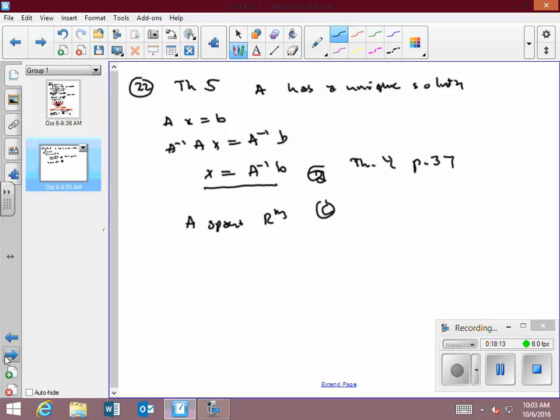At the top of page 115, in the paragraph toward the end, there's a statement that I tried to allude to. It says the negation of a statement in this Theorem 8 describes a property of every n by n singular matrix.